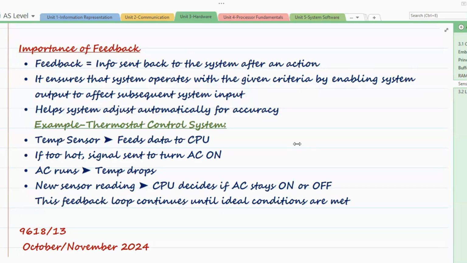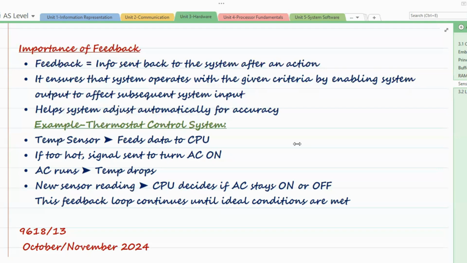Okay, now let's talk about a real life example of a thermostat controlled air conditioner. Imagine you set your AC to 24 degrees Celsius. The temperature sensor measures the room temperature, and if the room becomes warmer than 24 degrees Celsius, the AC turns on. As the room cools down, the sensor continues measuring temperature, and this new reading is sent back to the system.